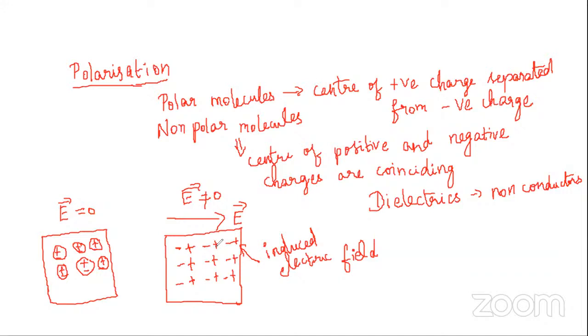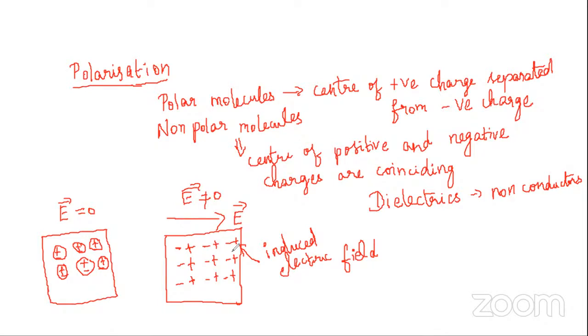But the difference between conductors and dielectrics is this. In the case of conductors, when you place the conductor in an external electric field, the field induced inside the conductor will grow until the electric field inside the conductor becomes zero.